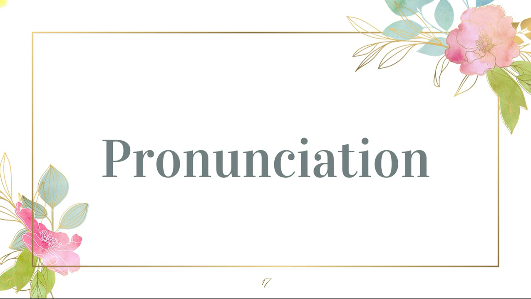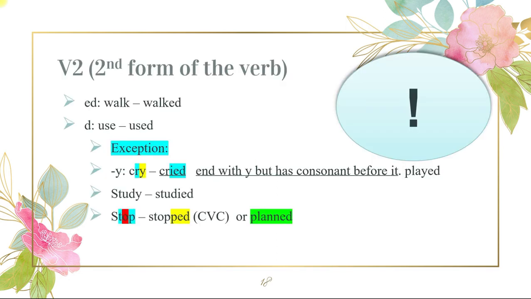So first, let's see how we can change the base form of the verb to verb 2, or the simple past form of the verb. As we have already learned, we add -ed at the end of the verb to get the second form of the verb, or V2. Or if the verb ends with e, we simply add d.